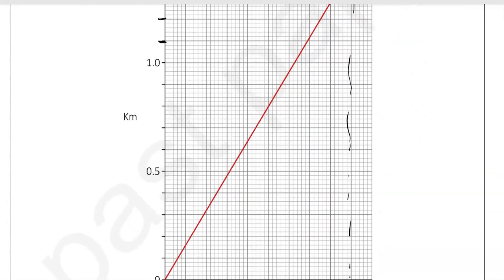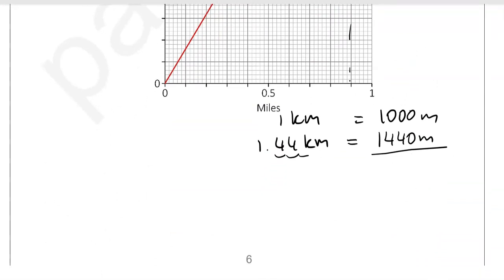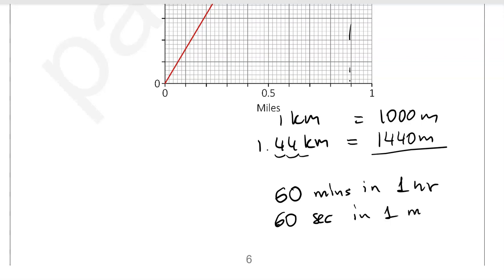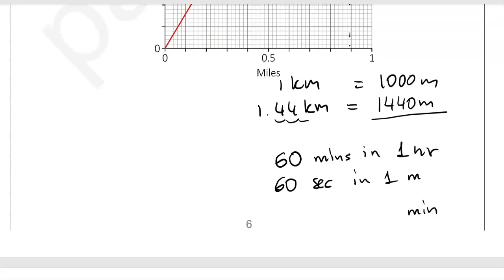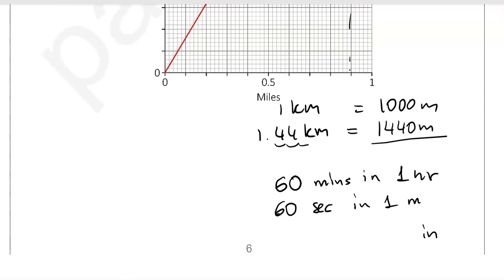So how many seconds would that be in 1 hour? There are 60 minutes in 1 hour. And there are 60 seconds in 1 minute. So 60 times 60 would give us how many seconds there are in 1 hour.